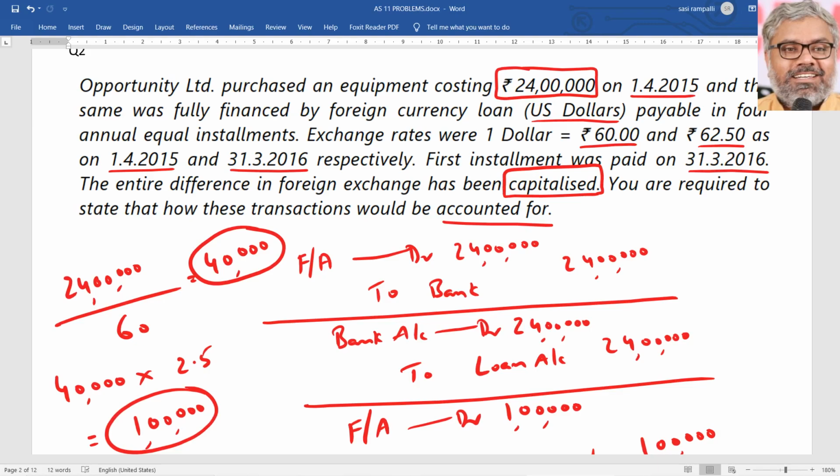And we have to always look from the point of view of the organization which has entered into this foreign currency transaction, not from an international point of view or some other party's point of view. Naturally, for this particular organization, there is an exchange loss because the liability has increased in rupee terms. Though the liability in dollar terms is still $40,000 only, in rupee terms, earlier it was 24 lakhs, now it has become 25 lakhs.